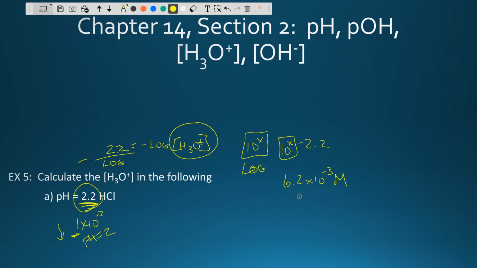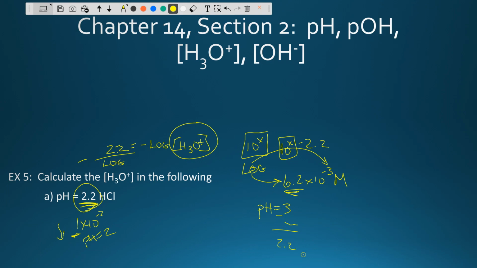And so I see a 6.2. If I take the log of 6.2, that's going to take that value down a little bit. Then I would have a pH of 3 if this is 1 times 10 to the negative third, and then the log of 6.2 would bring that down a little bit. That's how I got my 2.2.